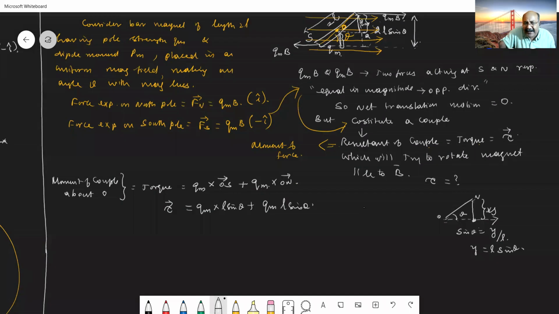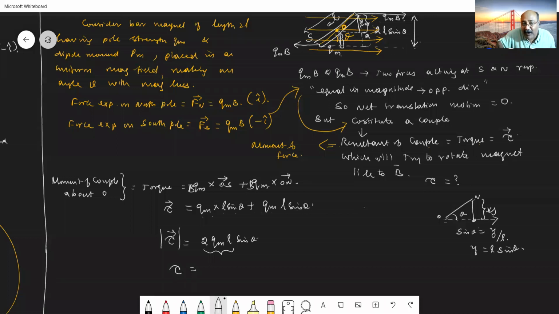On simplifying this, you can write tau equal to QM L sin theta plus QM L sin theta, which is 2QM L sin theta. This is the magnitude of the torque. So the magnitude of the torque tau is equal to what? 2QM... I have left out B also, isn't it?